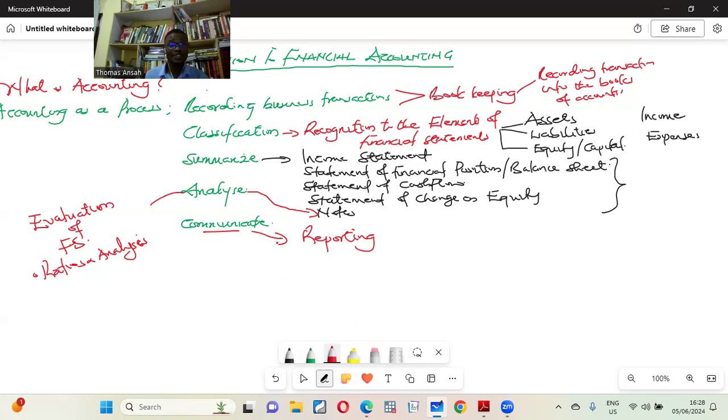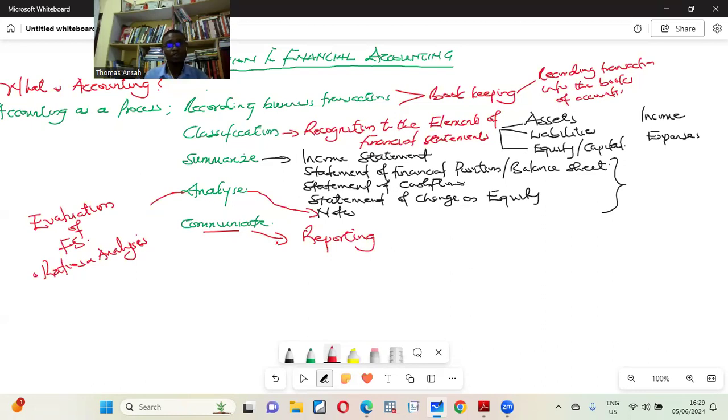Even employees are interested in the financial statement. Why? Because if the company is doing well, the employees expect to collect high salary or bonus. But if the company is always not doing well, then the employee might seek to leave. The banks also need it. Why? Because if you are going for a loan, they need to know your track record.